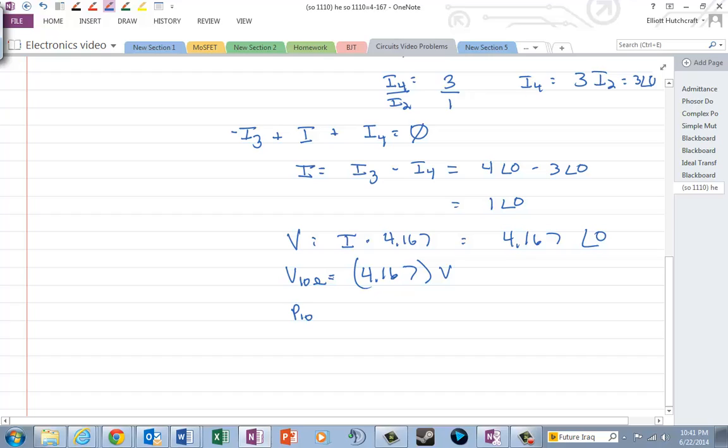So power in the 10 ohm is going to be magnitude of that voltage squared over 10. So if I take 4.167, and I square it, and I divide it by 10, I get 1.736 watts.